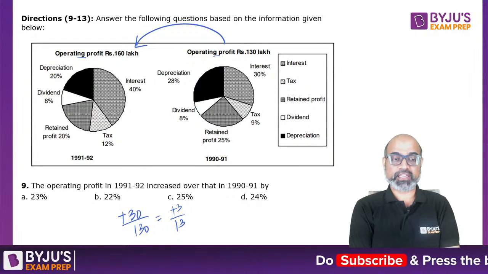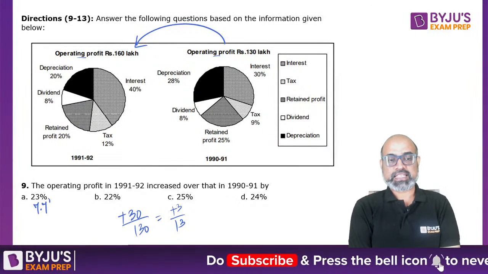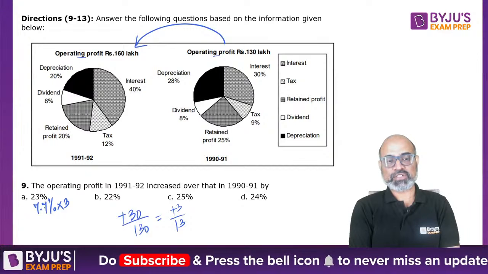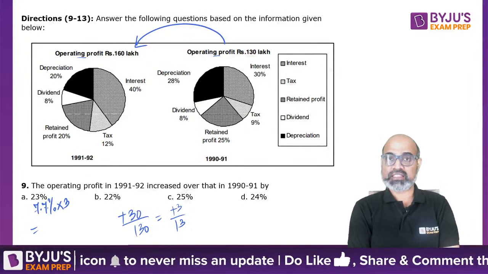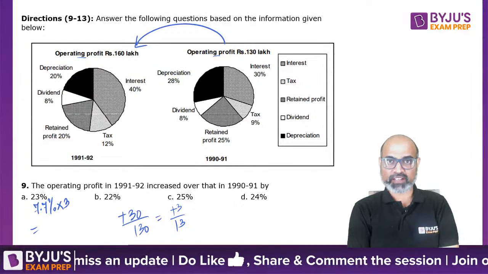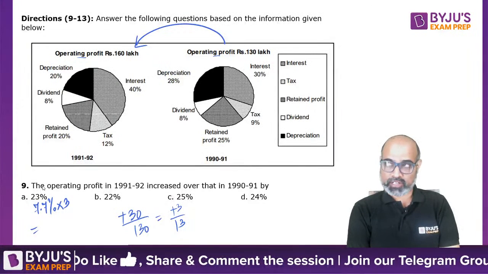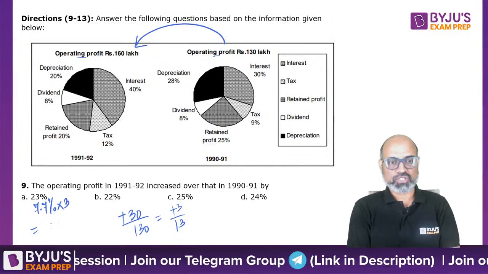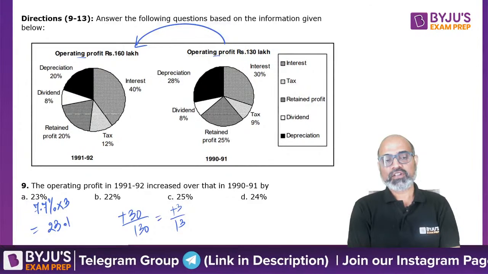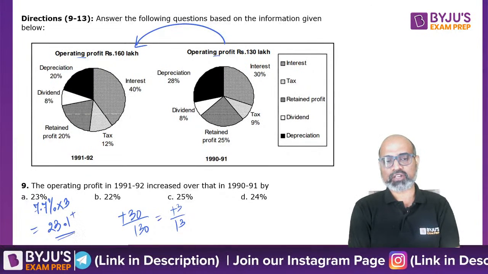So you have to be careful over here, okay? 3 times 7.7% is what you will have. So this is 7 into 3, 21, 7 into 3, 21, so you will have 21 plus 2.1, right? So this is going to be 23.1. So it will be slightly more than 23.1.